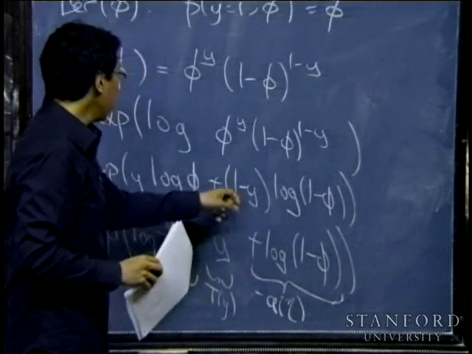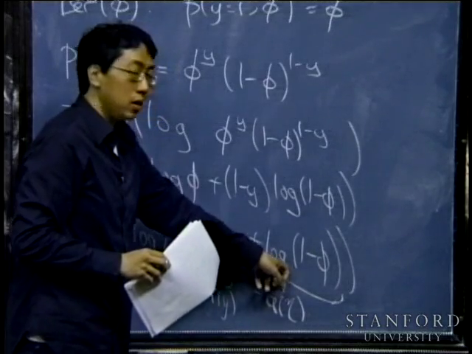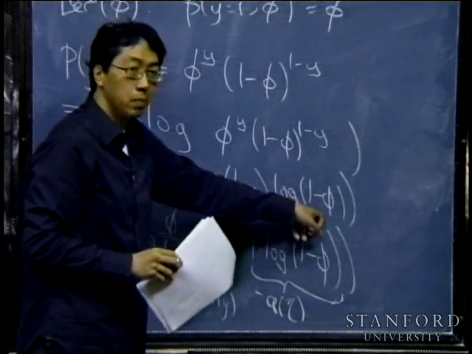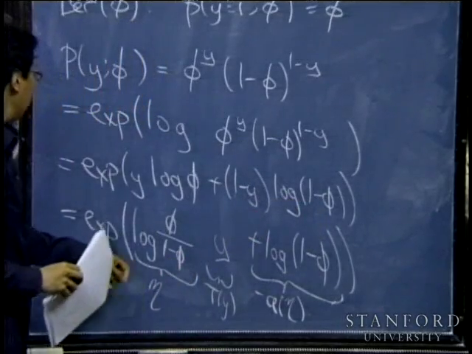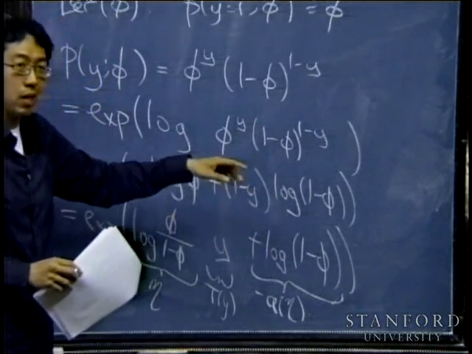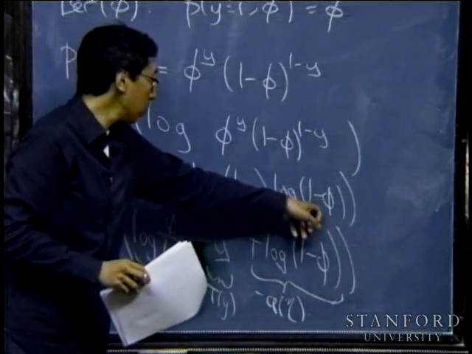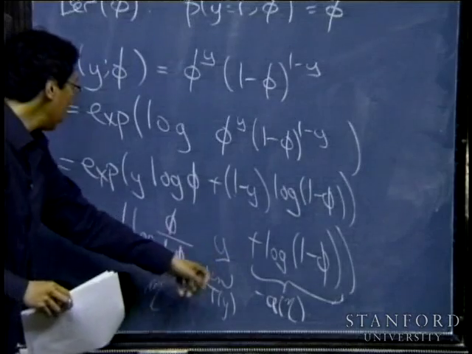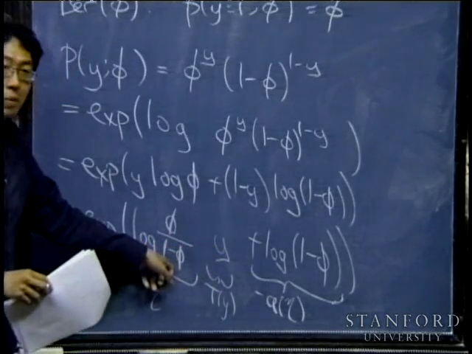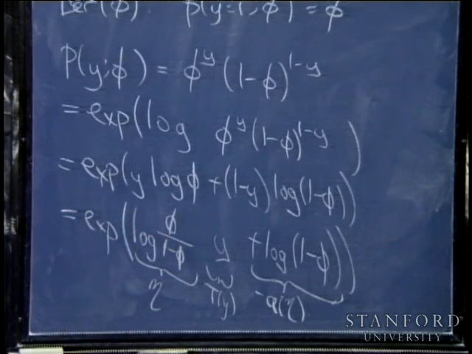And so 1 times log 1 minus phi becomes this. The other term is minus y times log 1 minus phi. And the minus of a log is log of 1 over whatever. So minus y times log 1 minus phi becomes y times log 1 over 1 minus phi. Does that make sense? Cool. Anything else?